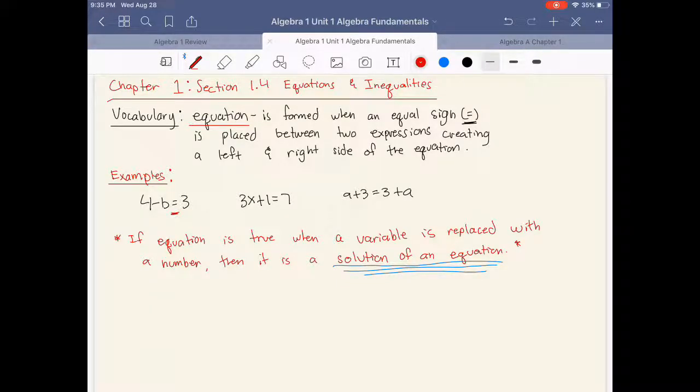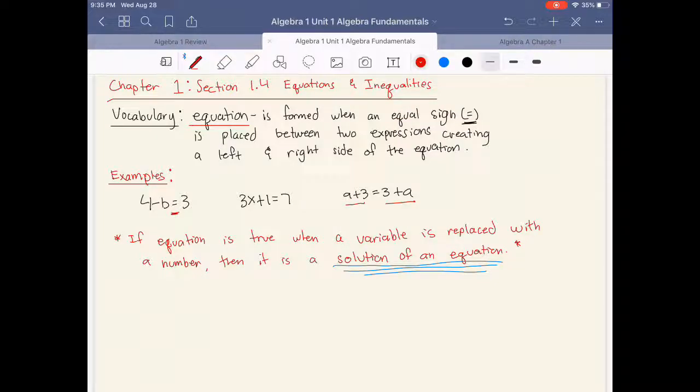So you have the left and right side of the equation in between the equal sign. Then lastly, we have a plus 3 equals 3 plus a, and that is an equation because it has that equal sign to connect the left and right side, two expressions.